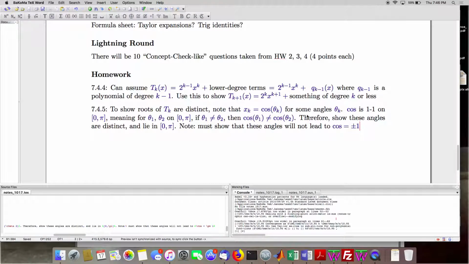That's a separate part of the question. You don't really have to show that these are real. They're cosines of real-valued angles, so we can take for granted that they're real. So really just look at the distinct and in minus 1 to 1 parts. Keep in mind, for what angles is cosine equal to plus or minus 1?